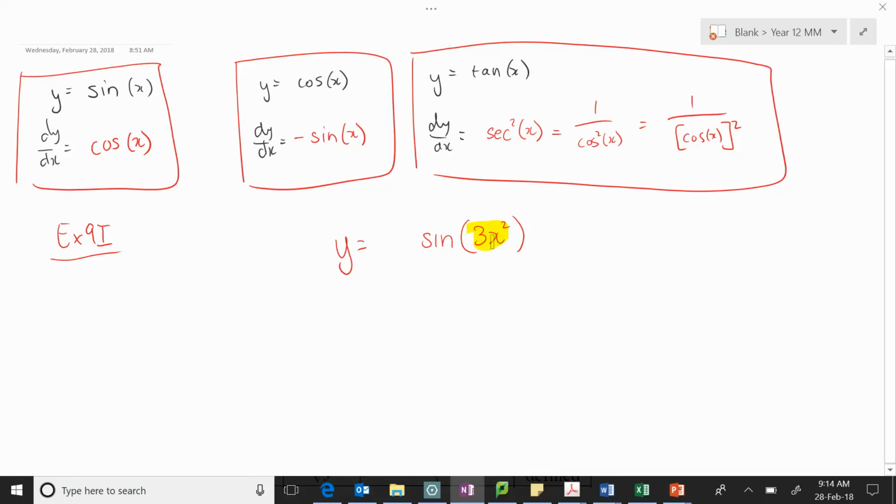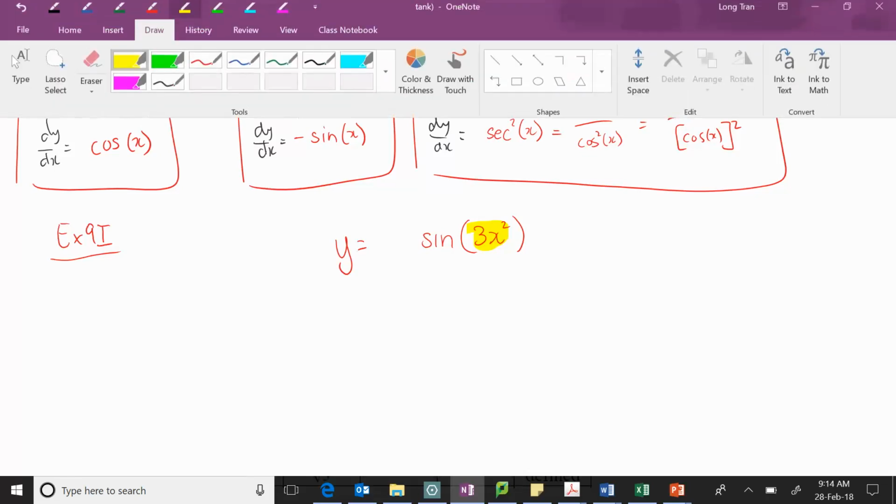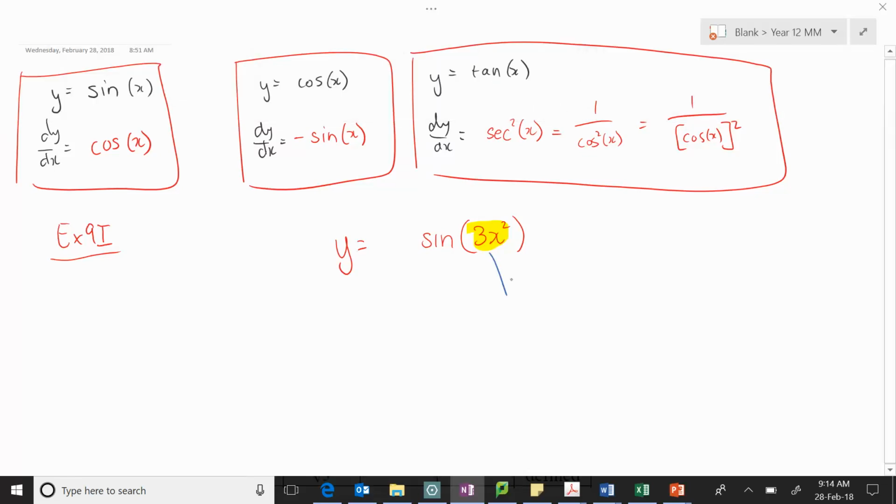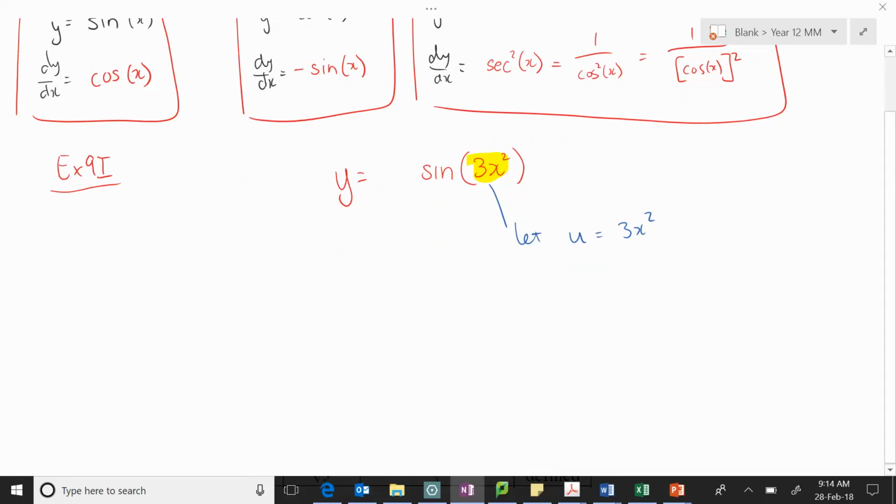But if I change that to something that is more familiar, so let's say I said, let u equal 3x squared. See, I'm using chain rule again. If I let that equal u, how does it change the problem? It changes it to y now becomes sine of u. Now that's something I know, because that's very similar to the rule I have up here.